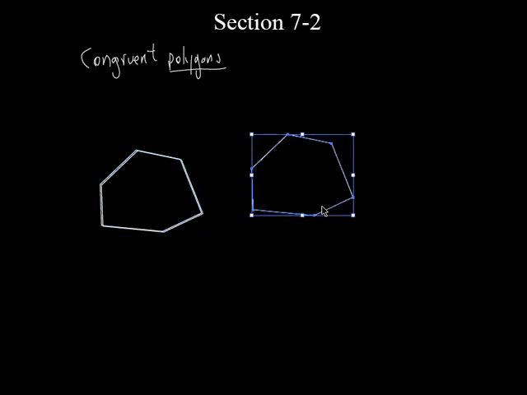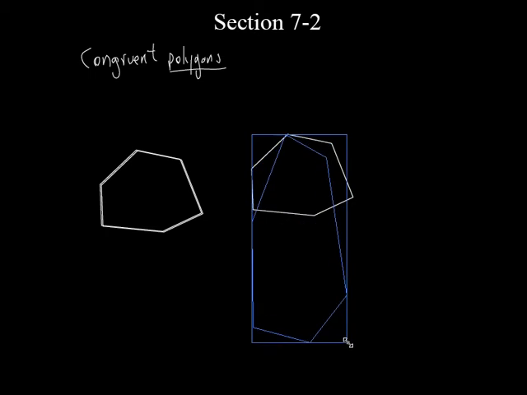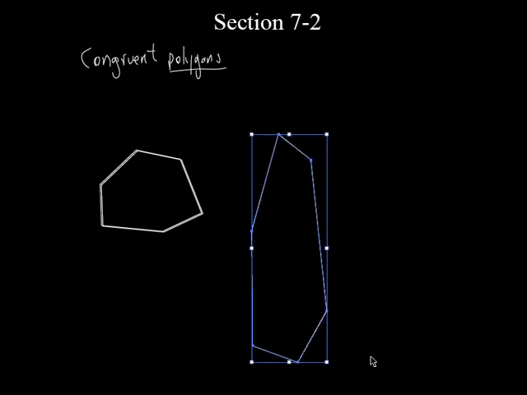All right. What if I did this? What if I just took a corner and just dragged it? I'm not touching anything else. I just dragged it like that. Is it similar? No, because look, none of these angles match.